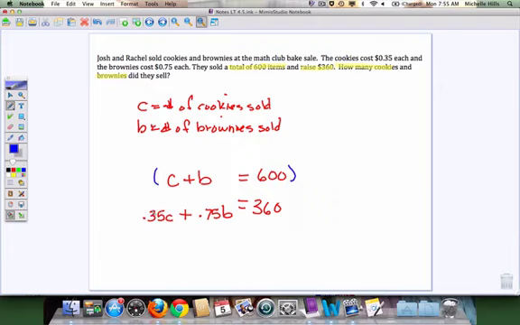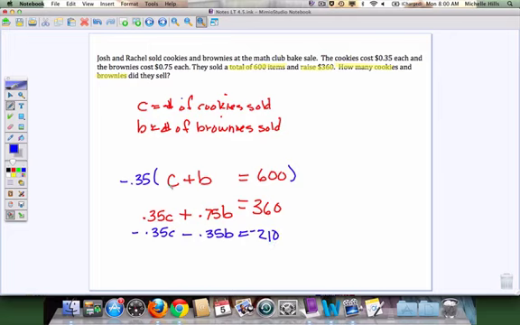Since this is a positive 0.35 C down here, I'm going to multiply the first equation by negative 0.35 to create opposites. When I do that, I end up with negative 0.35 C from this first equation minus 0.35 B equals negative 210.